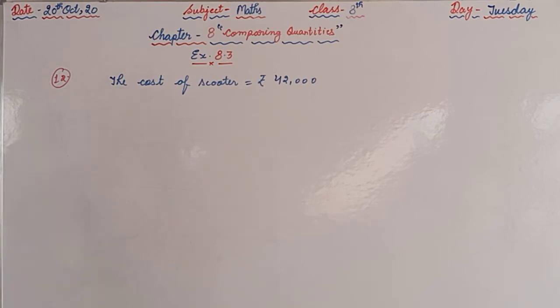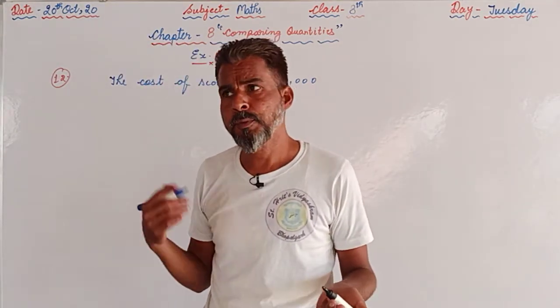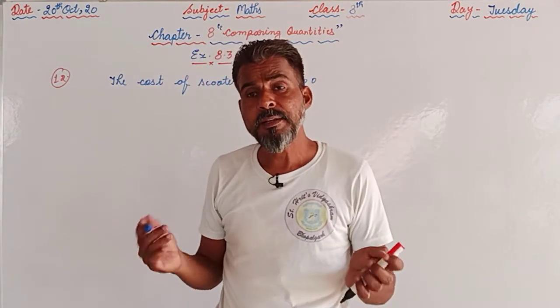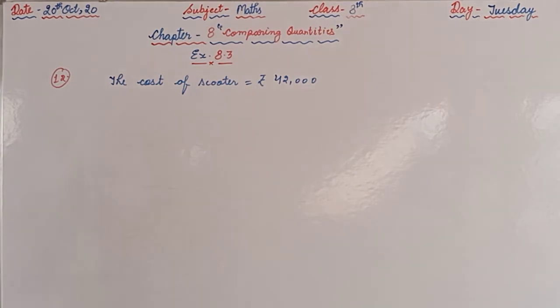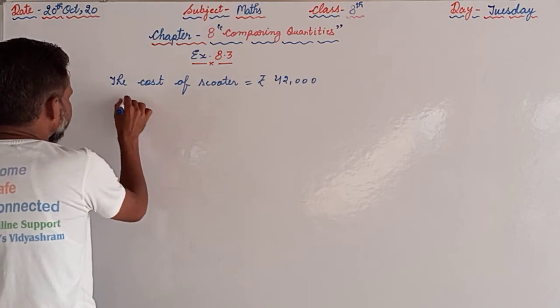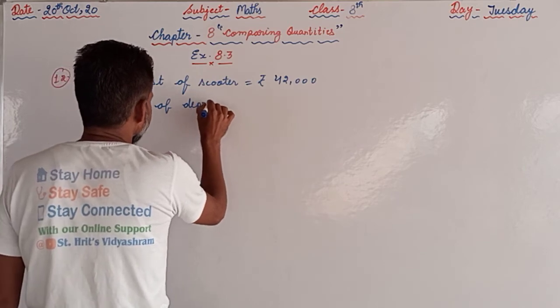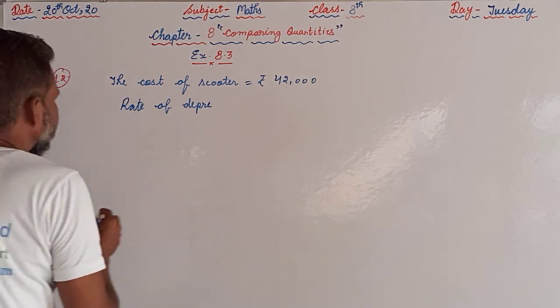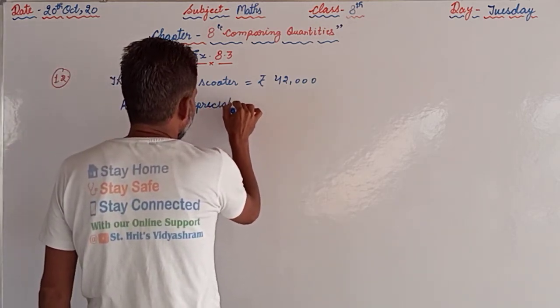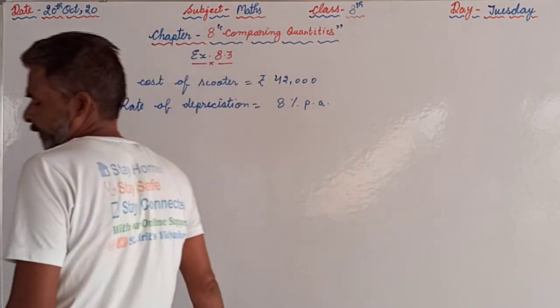Depreciated means the value is decreasing. If we purchase something new, its value decreases as time passes. So that depreciation is given. Rate of depreciation is 8% per annum.